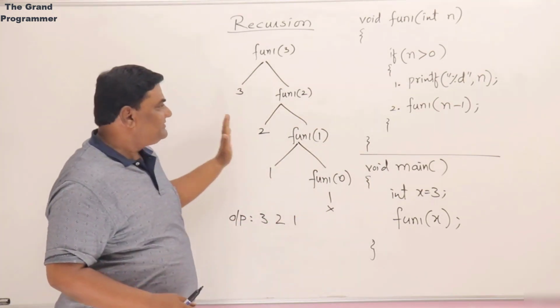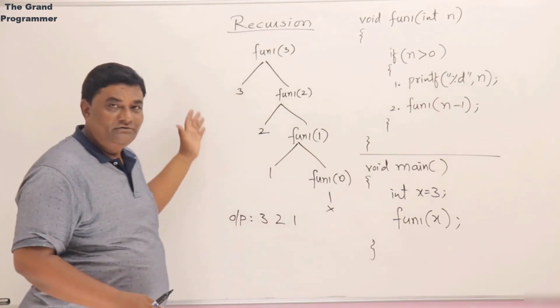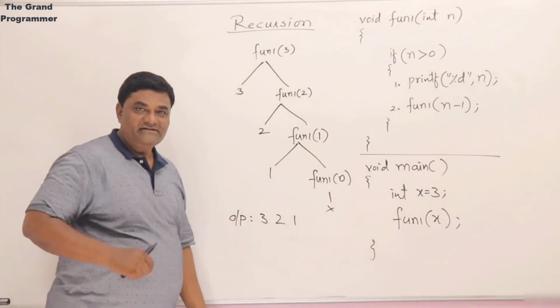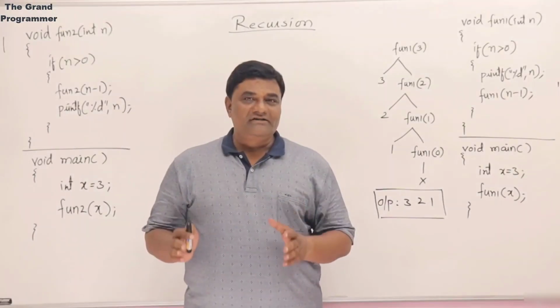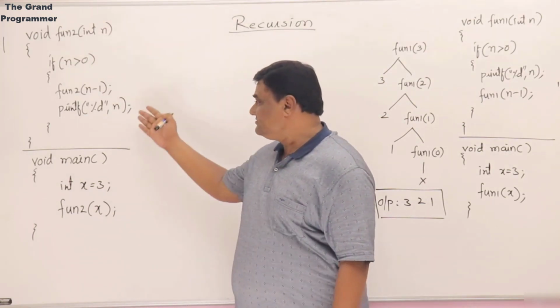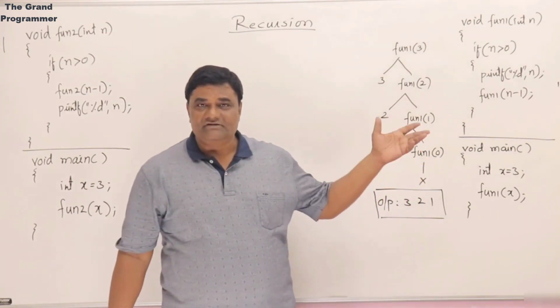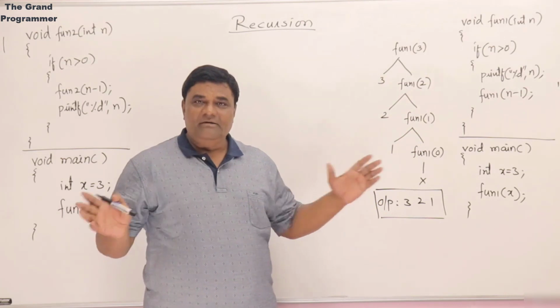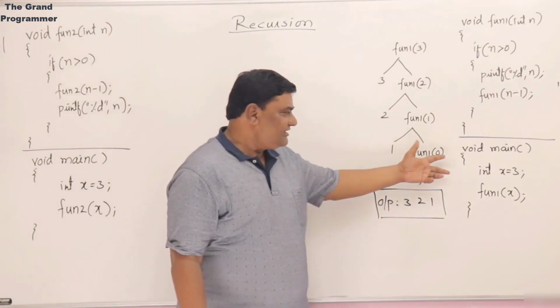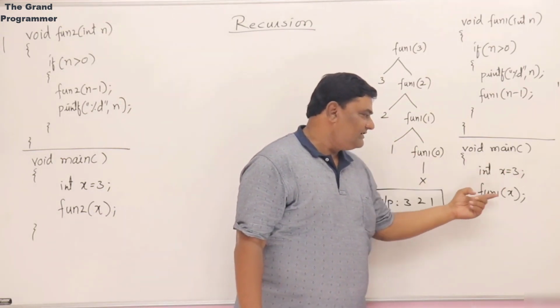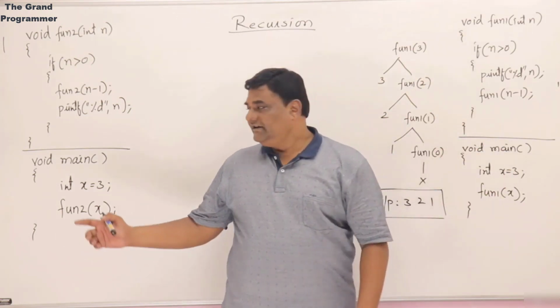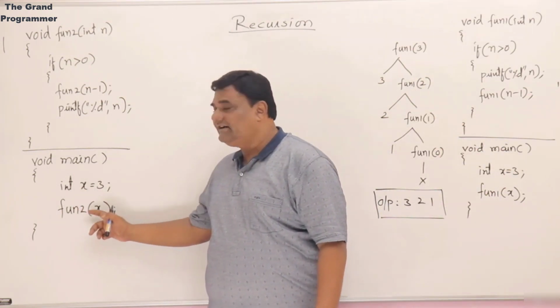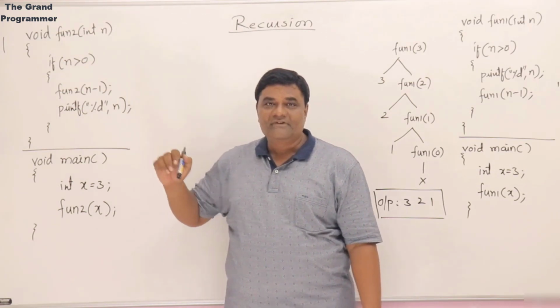So this example I'll just move aside, then I'll use this portion for showing you the next example. Now I have one more example of a recursive function. This is more similar to the first one. Let me compare them and show you. The main function has variable x and calls function fun1; here also main has variable x and calls function fun2.